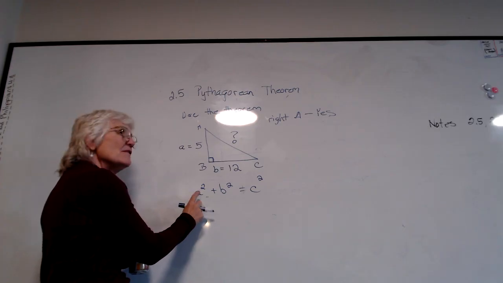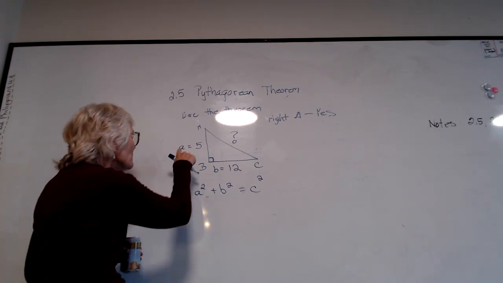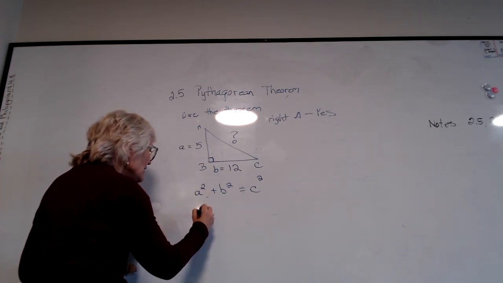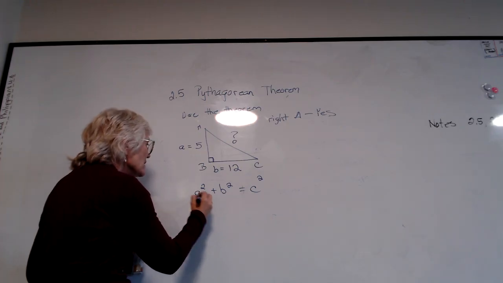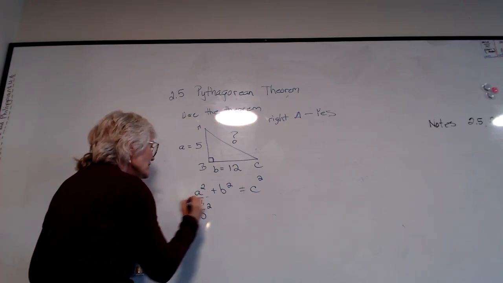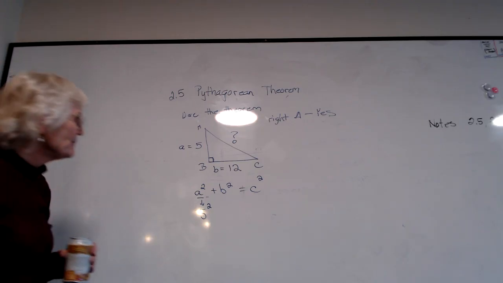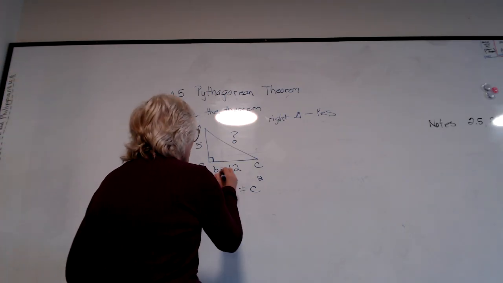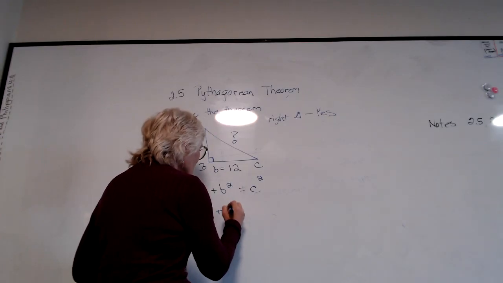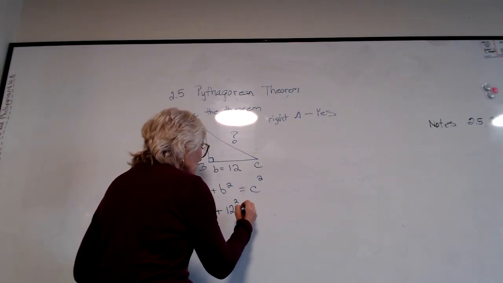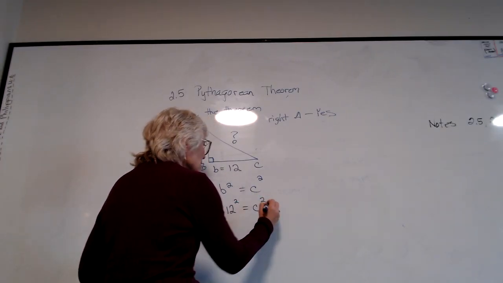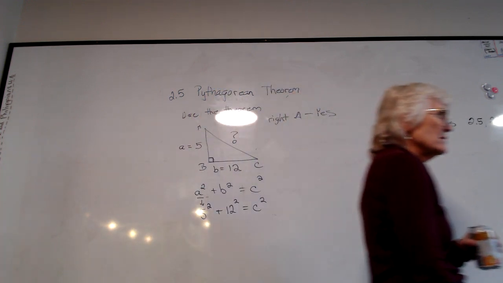Okay, so we don't have this. We do have A, so I'm going to put 5 in here and I'm going to square it. All I'm doing is substituting what A is, the length of the leg, plus I'm going to substitute what B is. B is 12 squared, and that still equals C squared.